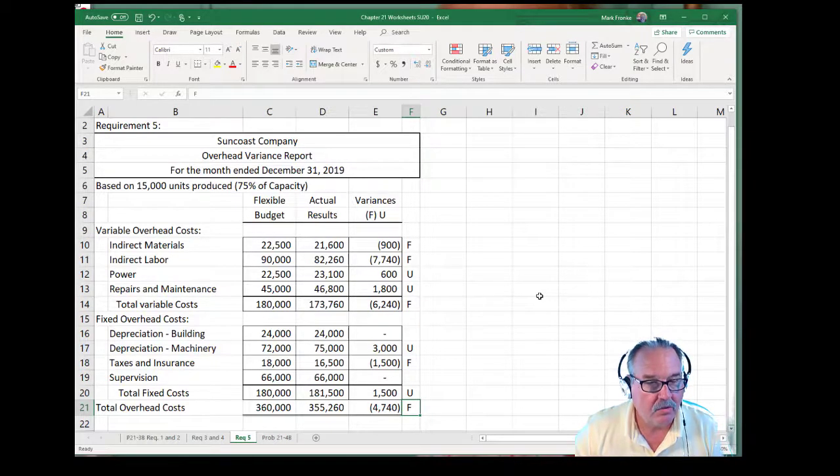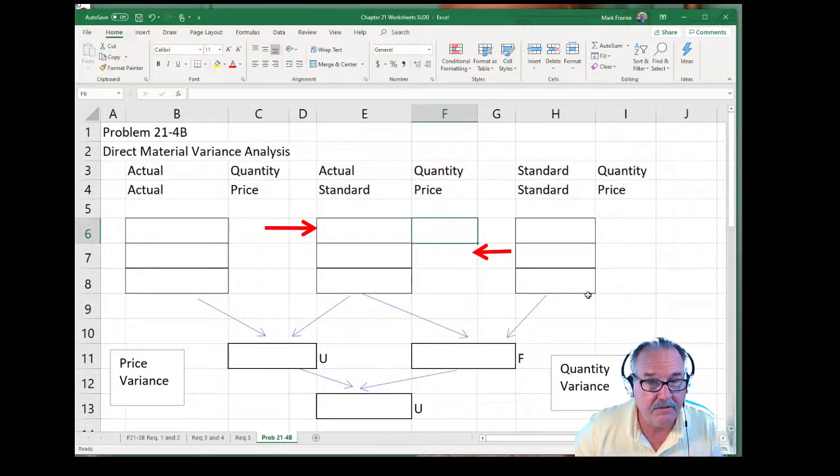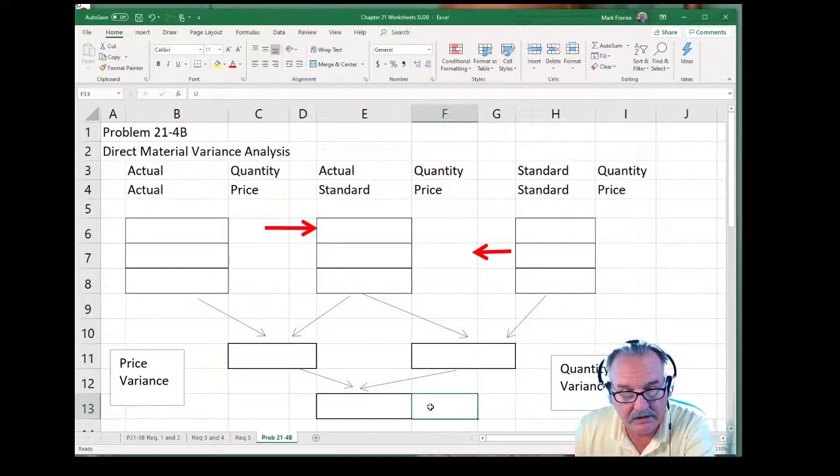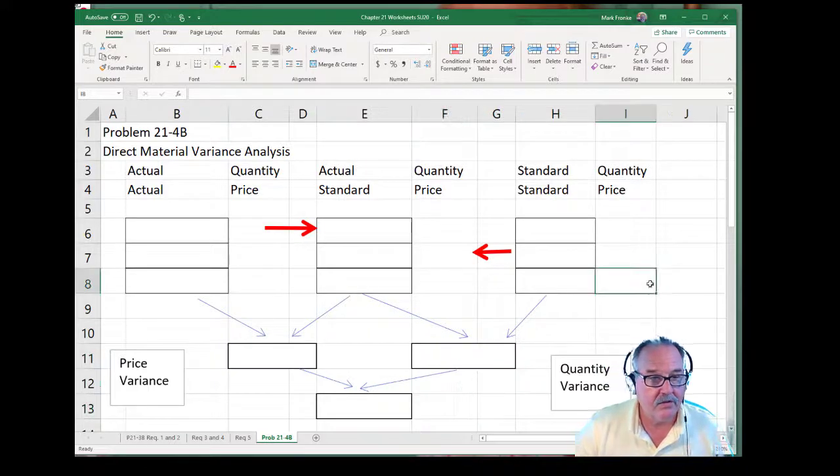So let's do one more practice on the standard cost. This is problem 21-4B, page 864. Here we're going to use the information to calculate first our direct material variance.